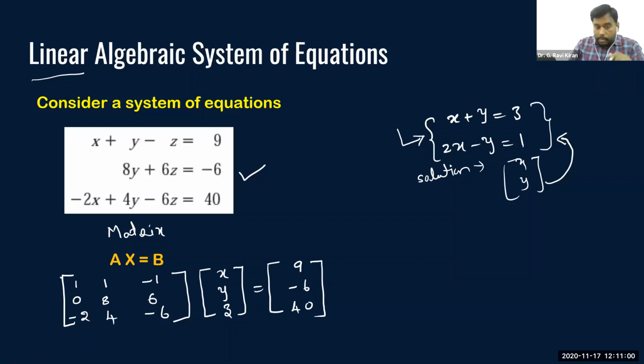Remember, if you take this as matrix A, you can use either Cramer's rule, or the matrix inversion method, or the most popular Gauss-Jordan method. You can use either of these methods whenever determinant of A is not equal to 0.